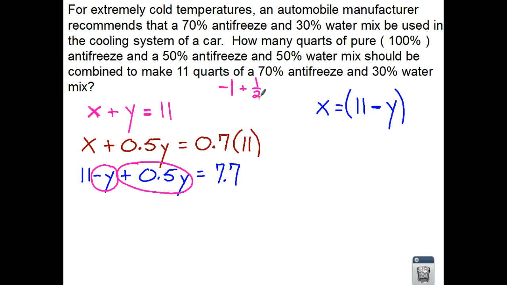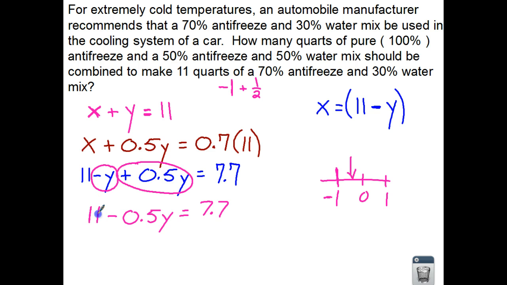All right, so if you're on -1 on the number line, and we know that this is 0 and this is 1, if I'm at -1 and I need to add a half, I'm going to go to the right a half of the way. Where are you going to be? Well, you're going to be at -1/2. So we have 11 minus 1/2 y is equal to 7 and 7/10.